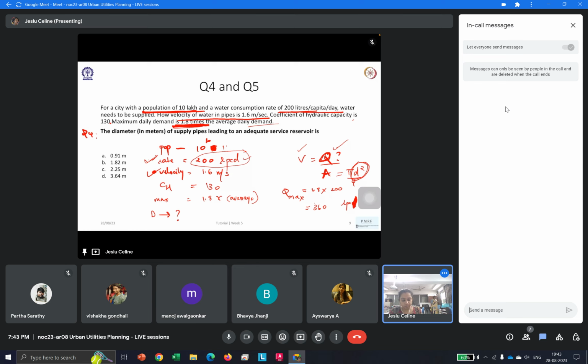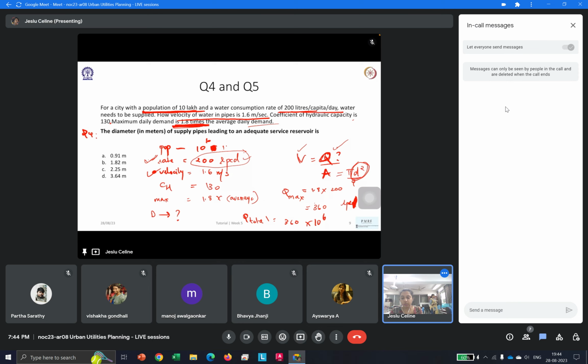You need to serve the whole population, right? So in order to serve all these populations, this is per capita. For the given population, the total flow would be 360 into 10 raised to 6, because the population is 10 raised to 6, 10 lakh.